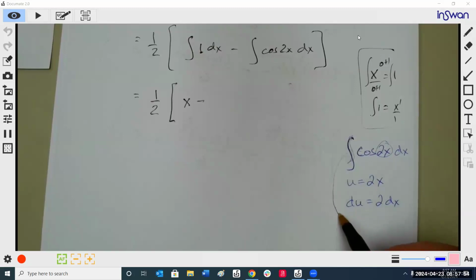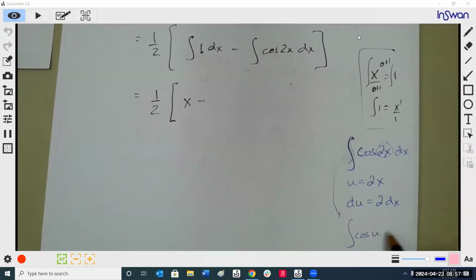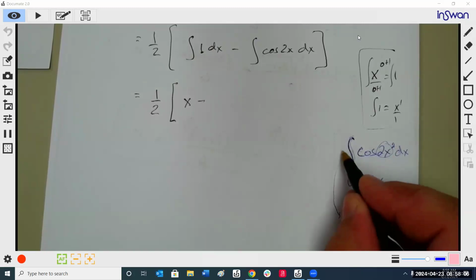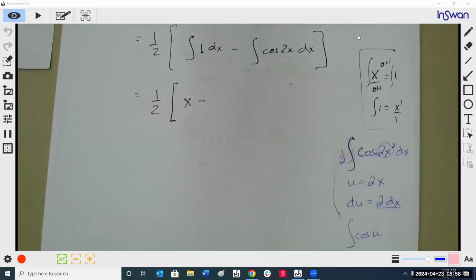So what does this one become? Cosine. Do we have a 2 dx? No, we need a 2 there, so we got to put a 1/2 out in front.